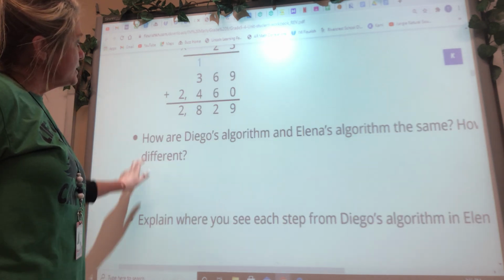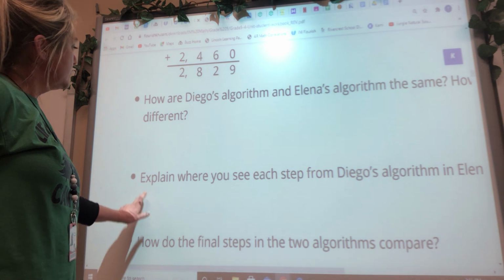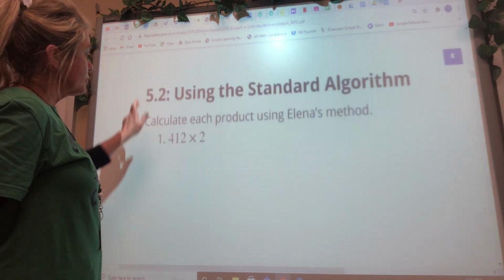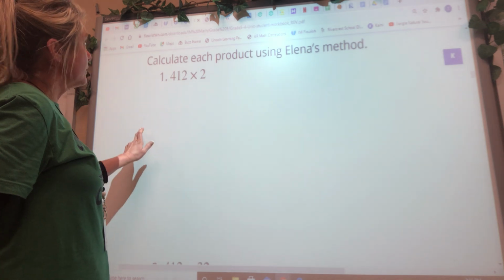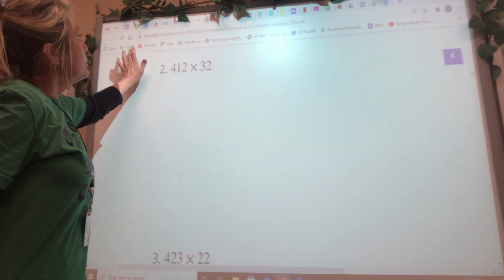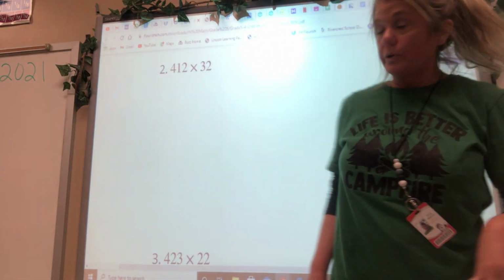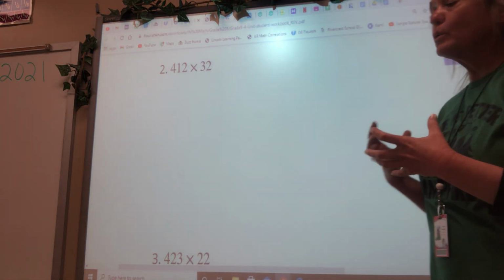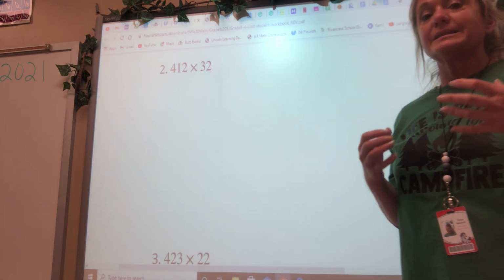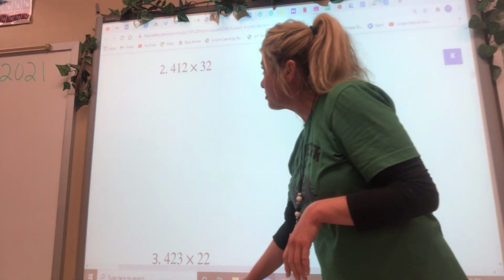So either one of these processes is fine, but there is a way to put both of those processes together, and it creates a much shorter process for you. So we're going to combine both of their algorithms into what we call just the standard algorithm.